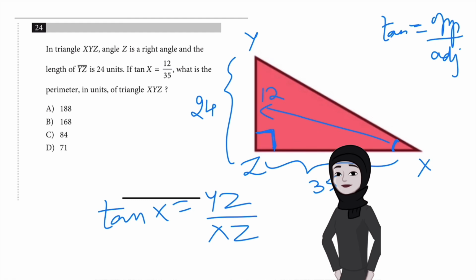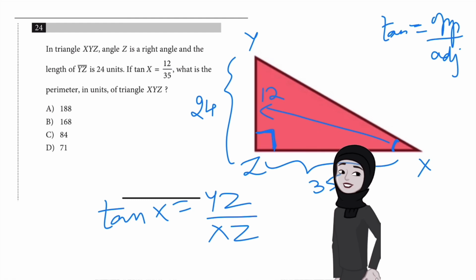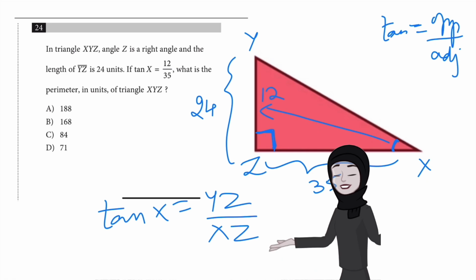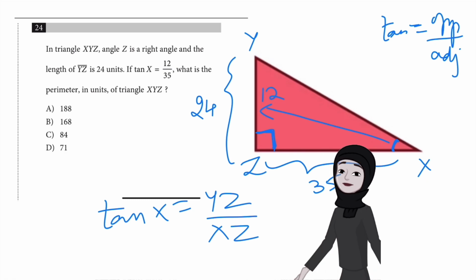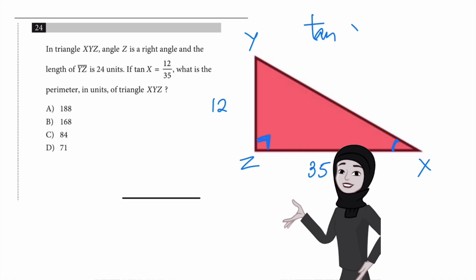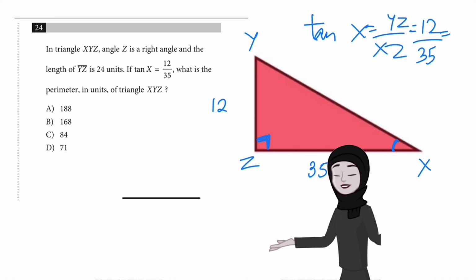It's given that tan X is equal to 12 divided by 35 and the length of side YZ is 24 units. So we can substitute 12 by 35 for tan X and 24 for YZ in the equation tan X is equal to YZ divided by XZ.